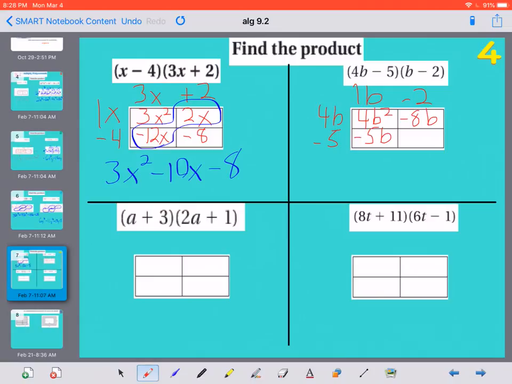And negative 5 times negative 2 is positive 10. Can combine our b's, which are negative 5b and negative 8b. So 4b squared minus 13b plus 10.